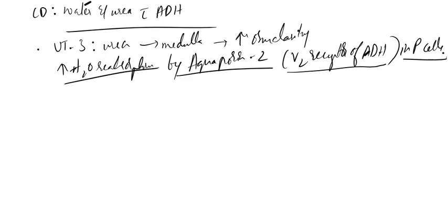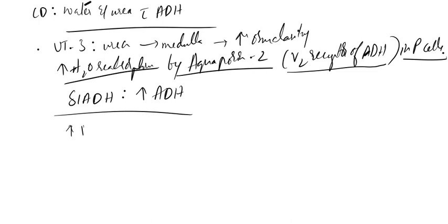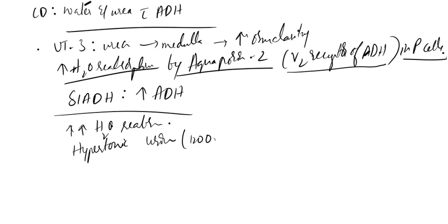Now there is a condition called SIADH, where there is more production and secretion of antidiuretic hormone, so more water reabsorption. It leads to hypertonic urine, that is 1200 milliosmoles.